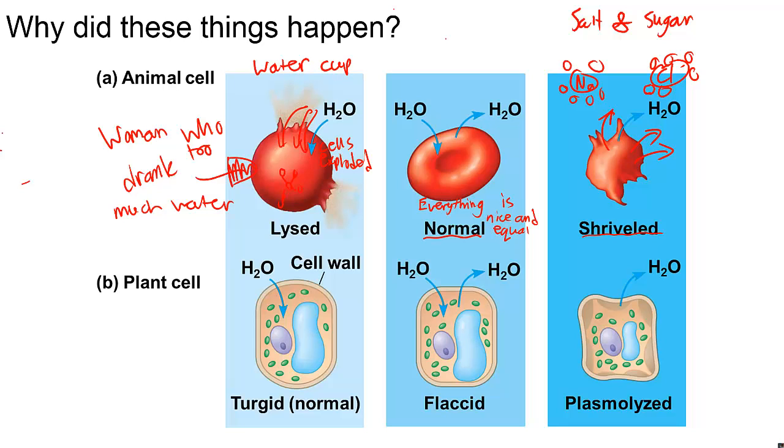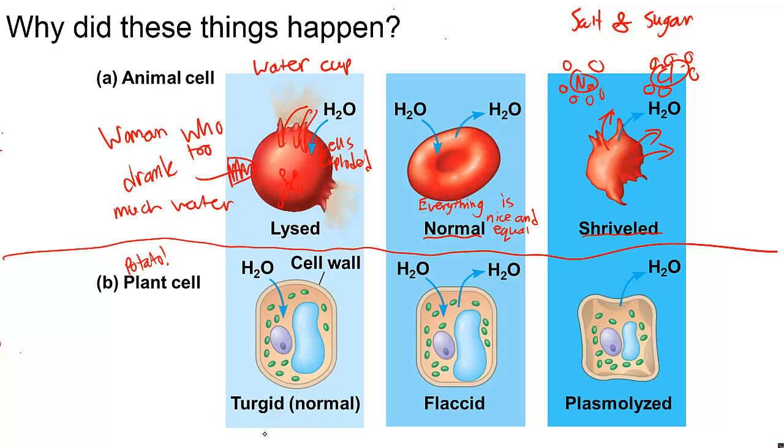And potato cells aren't going to explode like ours because they're not animals, right? So we are actually going to take a look at the plant cells, because the potato is a plant. So if we have the water cup, the cells are going to be really turgid. All that means is they're going to be hard, right?